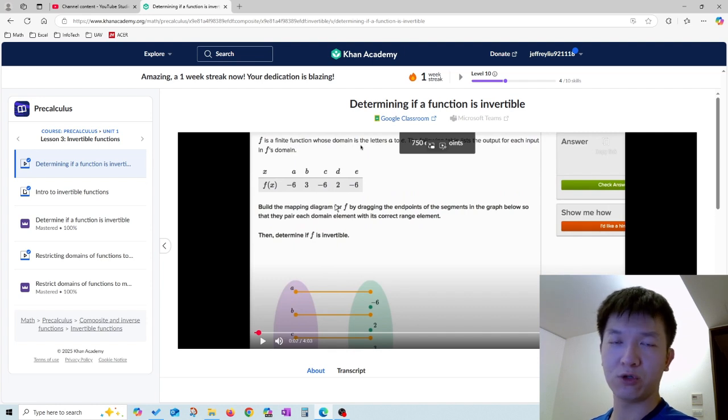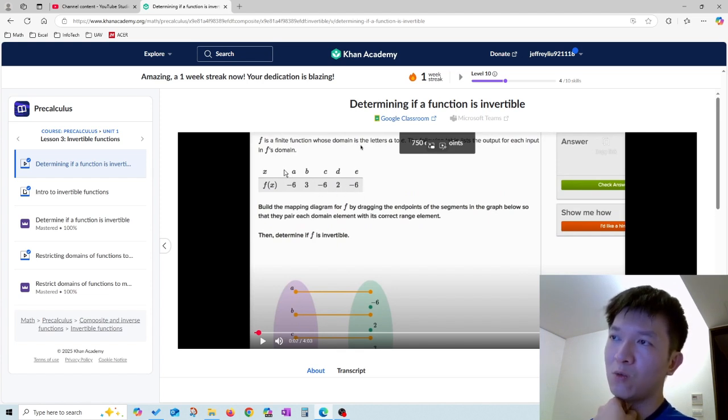But if you do the horizontal test, which is how you determine if the function is invertible, because you're switching around, right? You're switching the old y's to x's, and the old x's to new y's. So in fact, the new table will look like this. -6 will correspond to A, and -6 also corresponds to C and E, right?